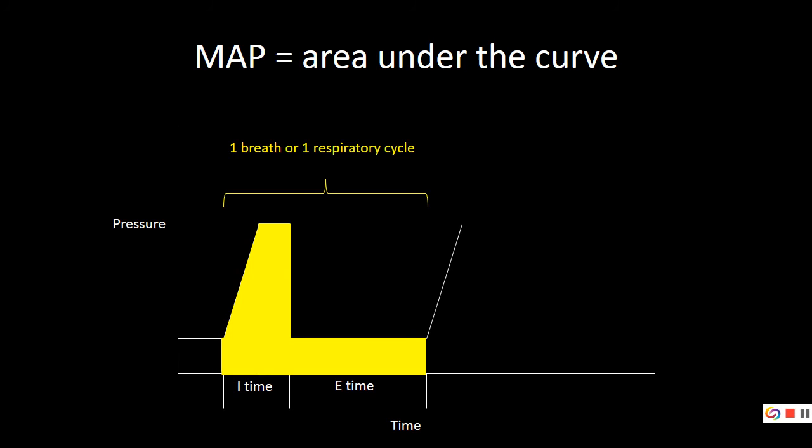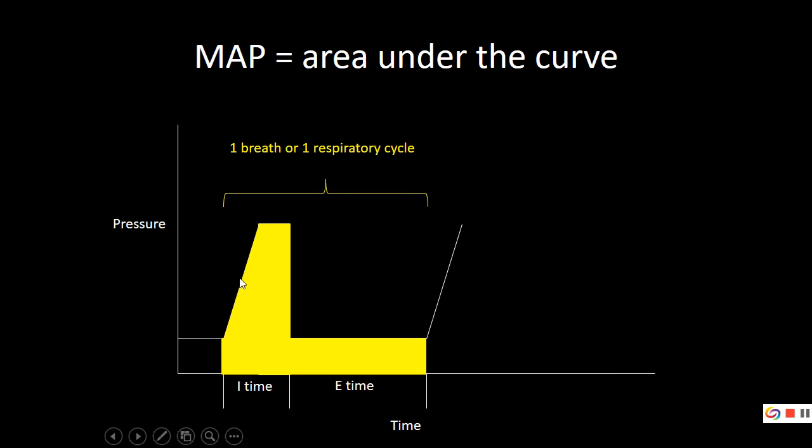The next couple of slides are probably the most important slides for you to pay attention to. If you're going to doze off, try to wake up for a second. One way to think of mean airway pressure is as the area under the curve. If you think of this as one breath, this is your inspiratory time.